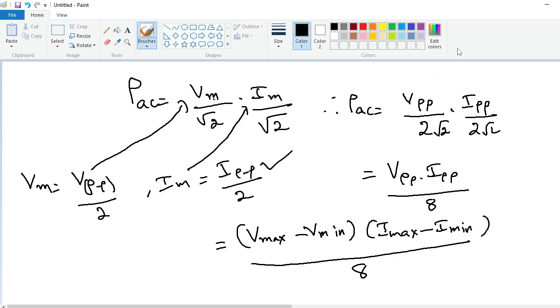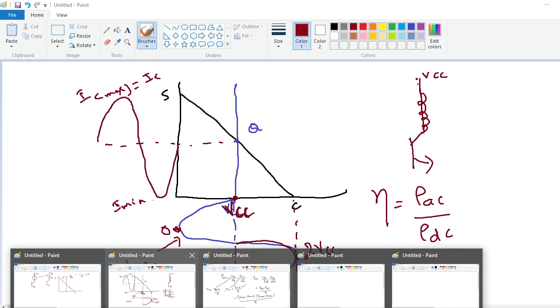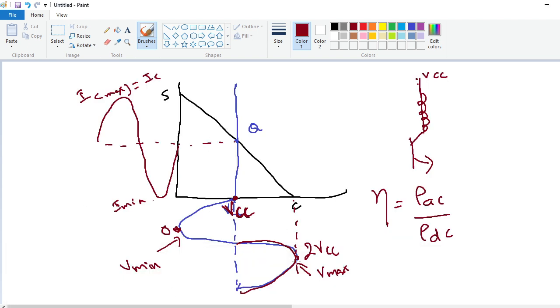Now substitute the V maximum and V minimum values, similarly I maximum and I minimum values. So just observe this figure. This is the V maximum. So what is V maximum here? This is the V maximum, 2 VCC. So V maximum is equal to 2 VCC.